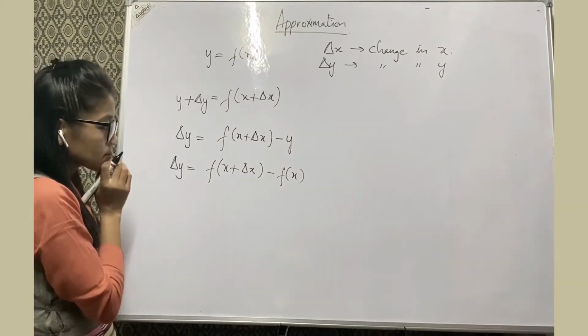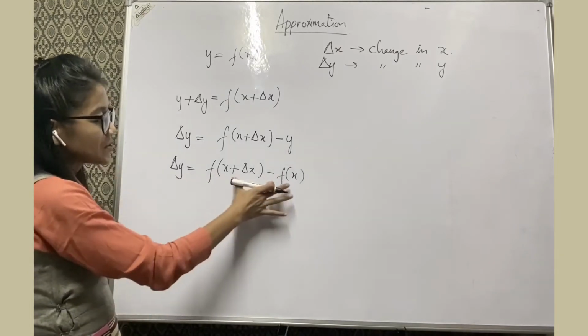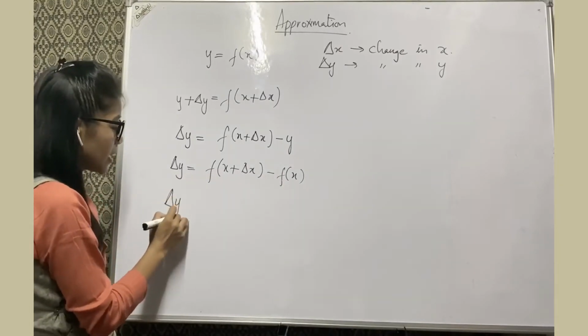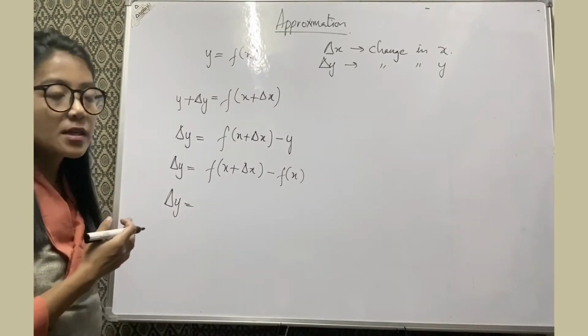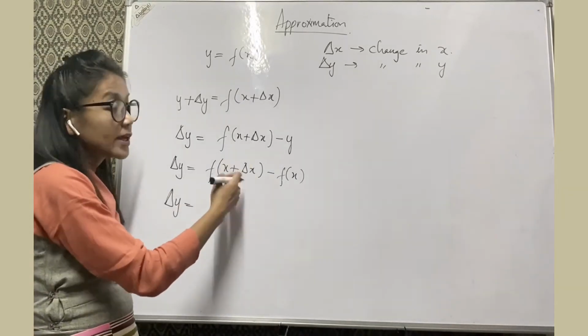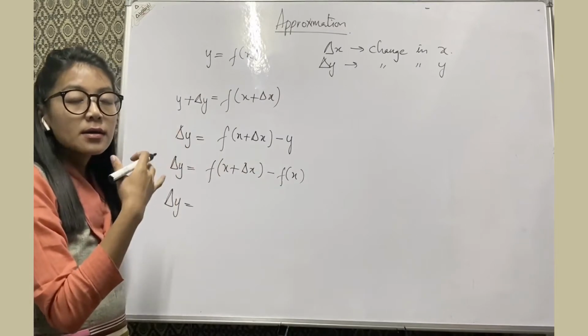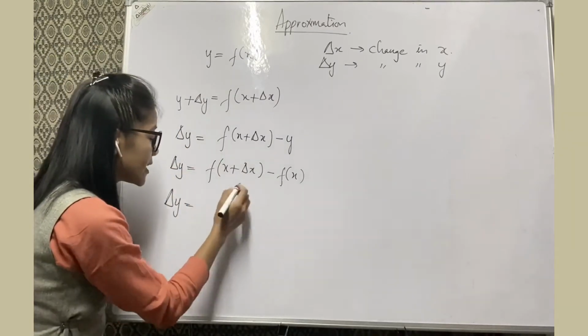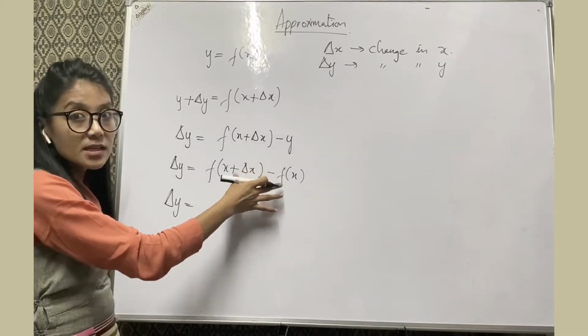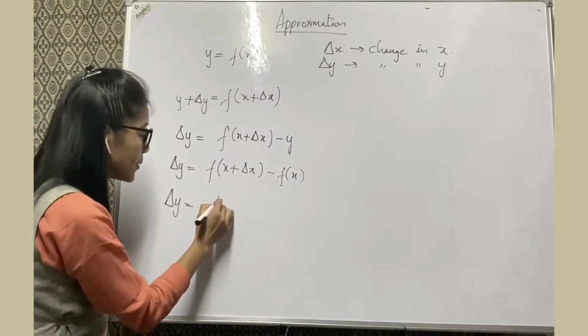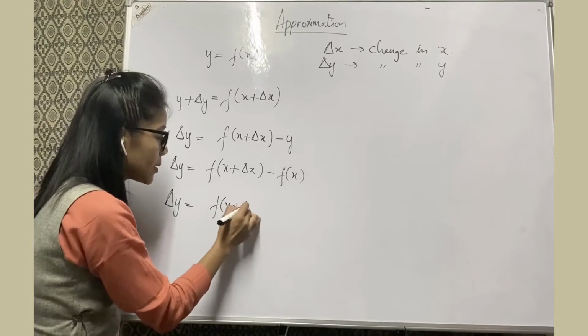Now since I need to apply derivative in this particular topic, I'll try to bring it in terms of derivative. So for this expression I will multiply and divide it with delta x. Later I will tell you why I am doing this.